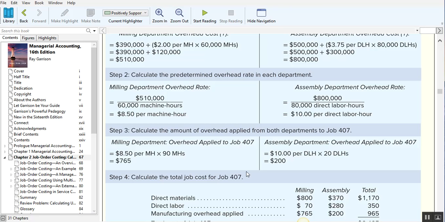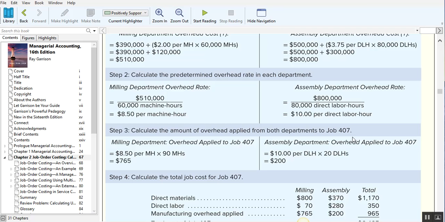So in this case, we're going to calculate the amount of overhead applied to both of these departments to this one job. The job is moving from one department to the next. So in the milling department, we identify $8.50 per man hour times 90 man hours, $765. In the assembly department, it's going to be a little different.